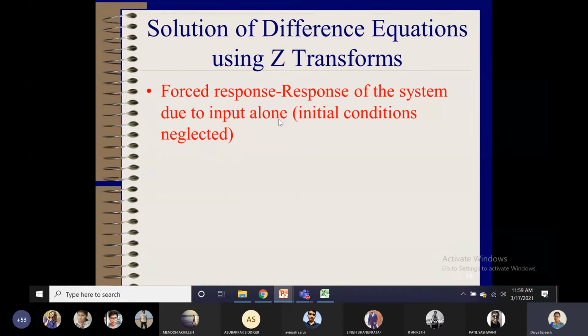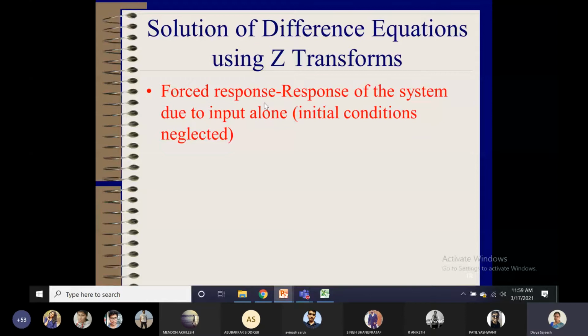Initial conditions in the sense, if a capacitor is there, an inductor is there, if any stored energy is there, that we are neglecting, and we are assuming that there is no stored charge in the inductor or the capacitor, and while I apply an input to the system, step input, impulse input, whatever it is, how the system is going to behave. So that is known as the forced response.